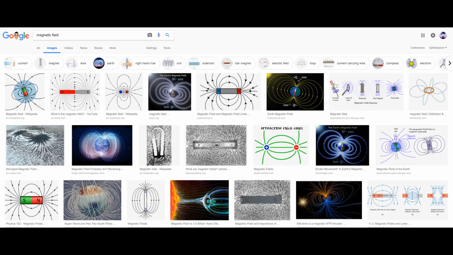Now, what you're looking at on screen is what you have been taught. This is the fundamentals of all science, of how magnetic fields work. And if you look at any of the pictures, you will see that the direction of flow goes from north and round to south. There is no break.